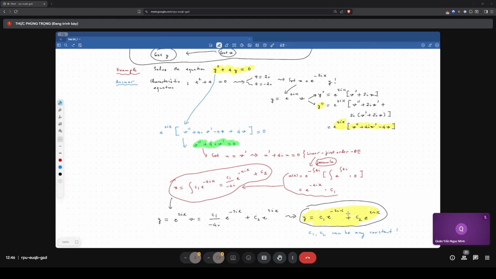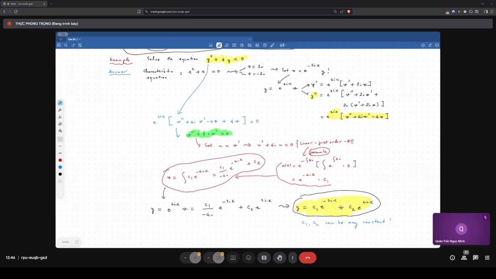Now, this is the final answer, but you may want to write this in the standard form. You know, when you have e to the power is, you can turn it into cosine s plus i sine s.